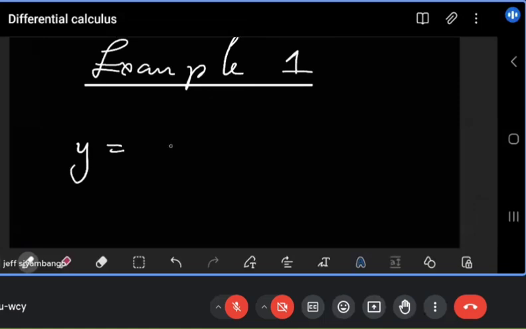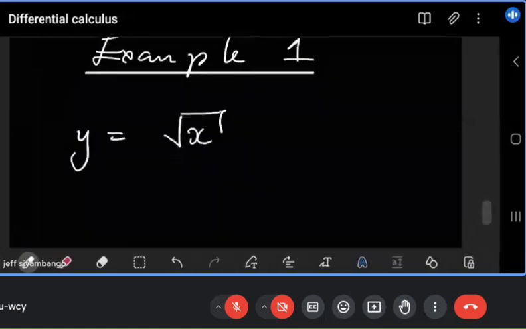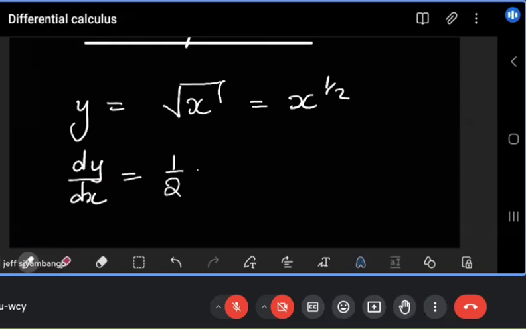Let's say you have the square root of x. Maybe not so simple. The first derivative, dy/dx, what do we have? We can write this as x to the power half. So this becomes 1 over 2 multiplying down here, and then x to the power minus half when we reduce the power by 1.